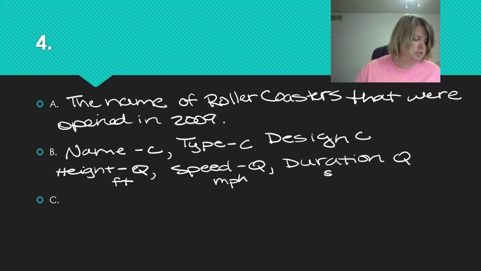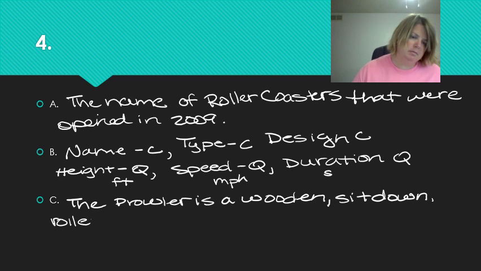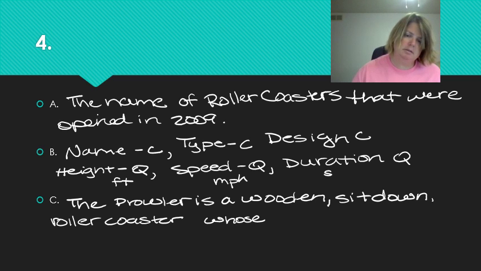And then describe the individuals in the highlighted row. So hopefully you can see that Prowler, Wood, 102.3, Sit Down, 51.2, and 150. So if we're going to describe it, we're basically writing a sentence or maybe a couple sentences about that roller coaster. So for instance, the Prowler is a wooden sit-down roller coaster whose ride lasts 150 seconds.